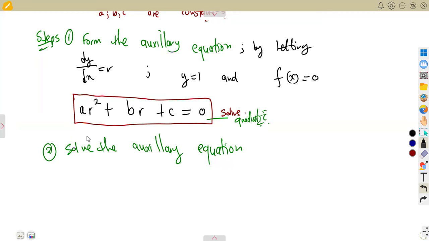After solving this auxiliary equation, you are going to have two solutions because it's a quadratic. But as we know from our quadratic equations, we can have equal roots, we can have roots that are not equal, or we cannot have real roots at all, where these roots are referred to as complex solutions.